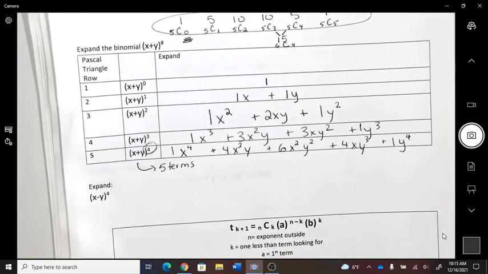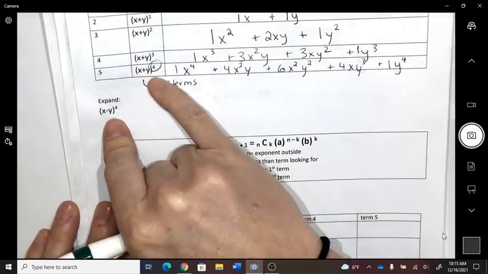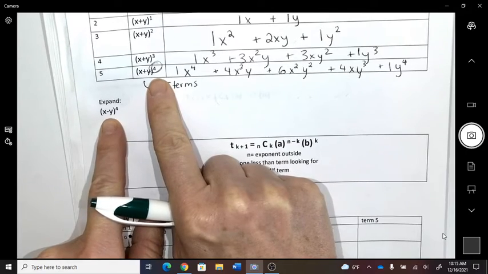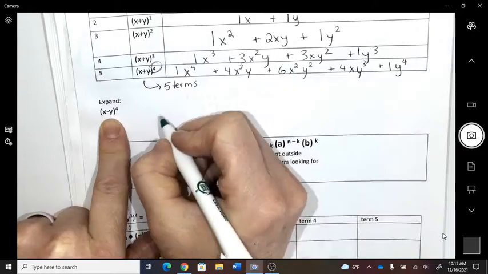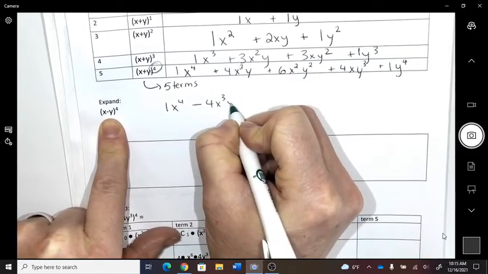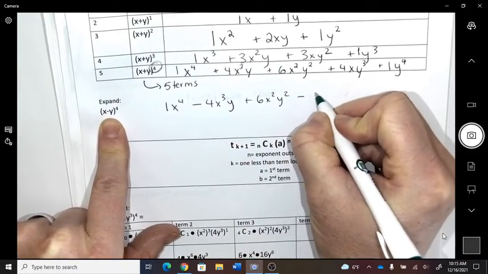Okay, expand this. So what's going to be the difference between this and this? There's a negative y. Okay, so here's all that's going to change. You're going to alternate positives and negatives.